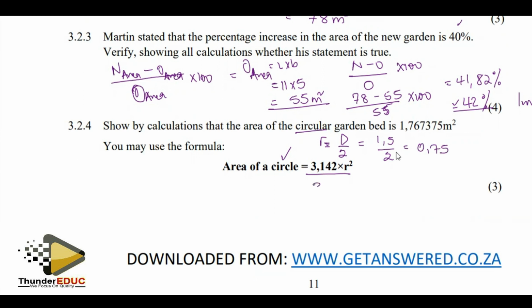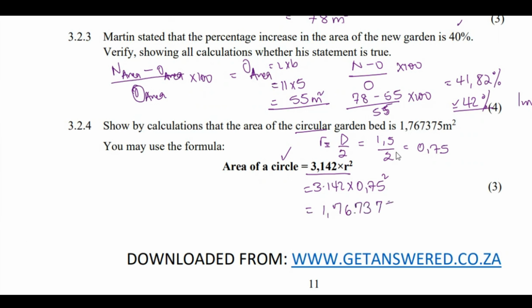So we substitute in the formula. Pi times 0.75 squared equals 1.767375.